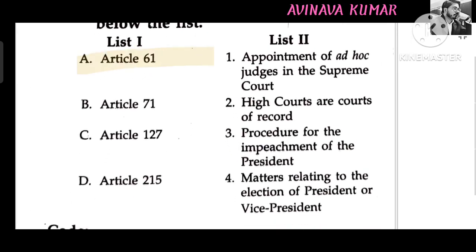Article 61: procedure for the impeachment of the President. Article 71: matters relating to the election of President and Vice President. Article 127: appointment of ad hoc judges in the Supreme Court. Article 215: High courts are courts of record.